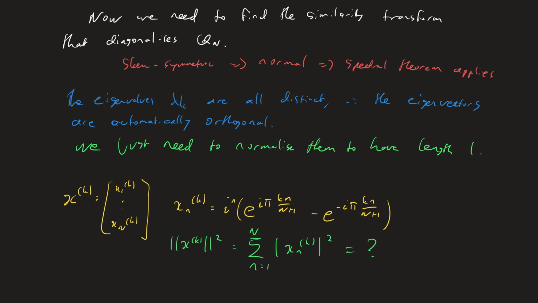And we want to compute the Euclidean length of this eigenvector. So in particular, we want to work out the Euclidean length squared, which is the sum of the absolute value squared of each of the individual elements in here. Once we get the length of this vector, we can divide the vector by its length in order to make sure it's got length 1.